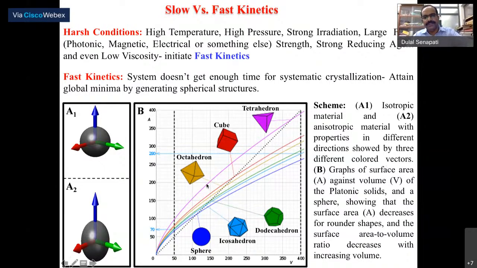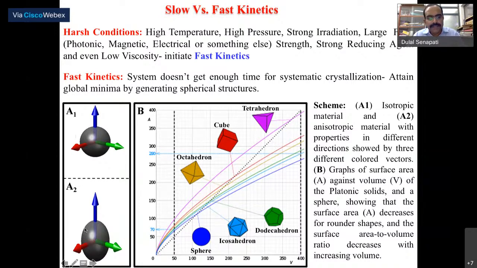As you can see in this scheme, when we make different particles, either they will be spherical. If you see the spherical, then the properties in all three directions, X, Y, and Z, are the same because they are spherically symmetric. We call these types of particles isotropic.